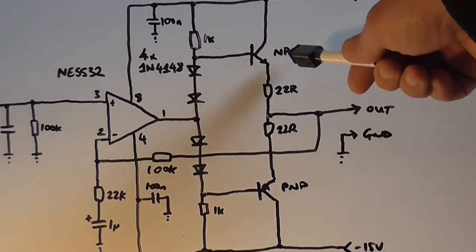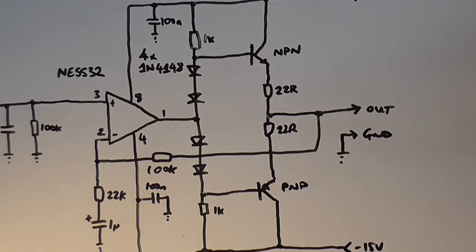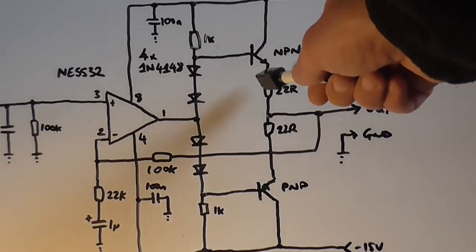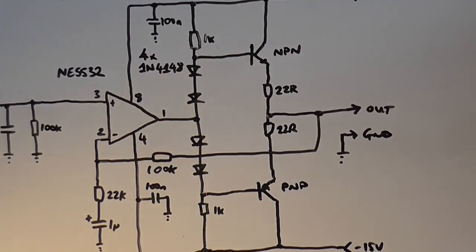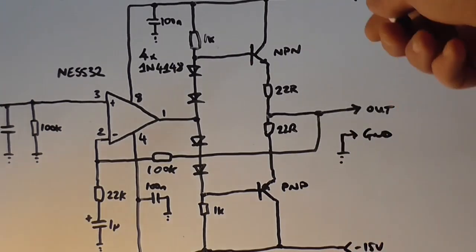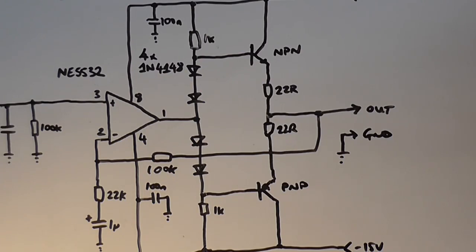I would either go a complementary compound pair, like a CFP, or a Darlington configuration, so you have a separate driver and an output stage, or use complementary pair compound Darlington transistors. That is, the transistor is already a Darlington inside internally.